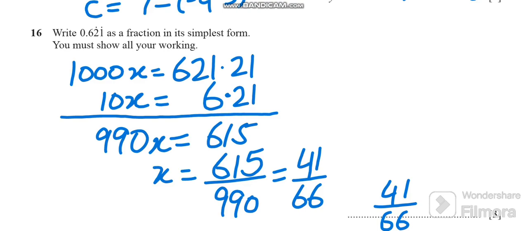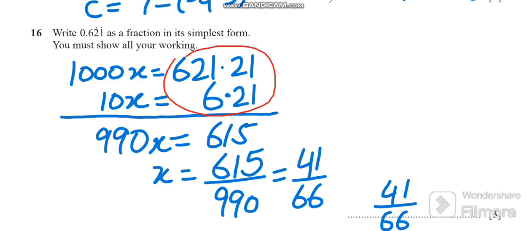So first we will multiply 0.6212121 by 1000, and that will be 1000x is equal to 621.21. Then we will multiply it by 10 and write 10x is equal to 6.21. Now we will subtract 621.21 minus 6.21.